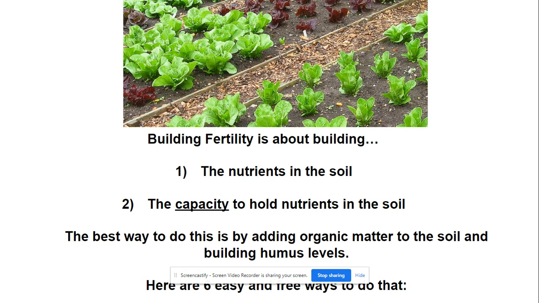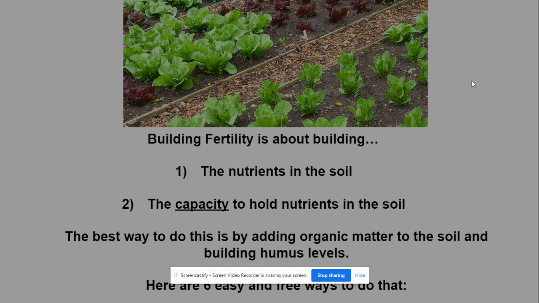So a lot of times we kind of interchange soil carbon, soil organic matter, and humus as all very similar things. So now let's talk about different ways to build fertility in the soil.